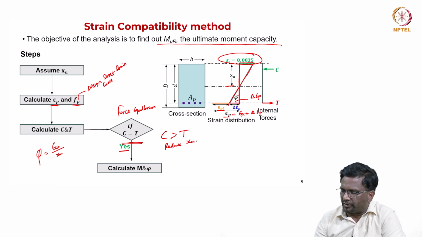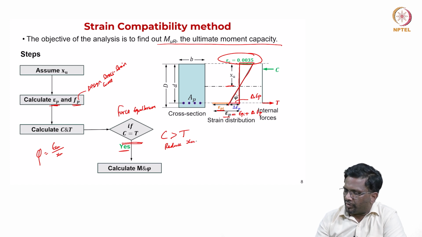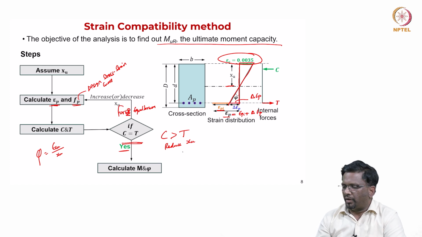Otherwise you have to increase the Xu. So, either increase or decrease depending upon whether you are getting a higher compression force in concrete or a higher tension force in steel, right.